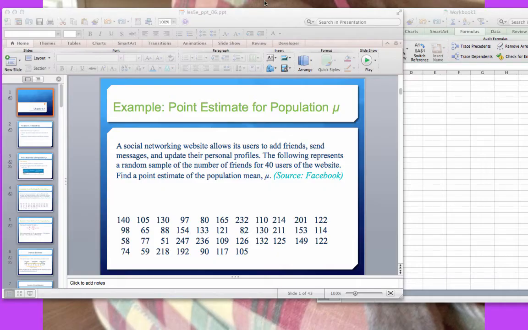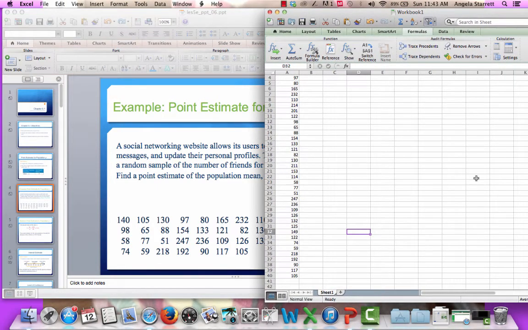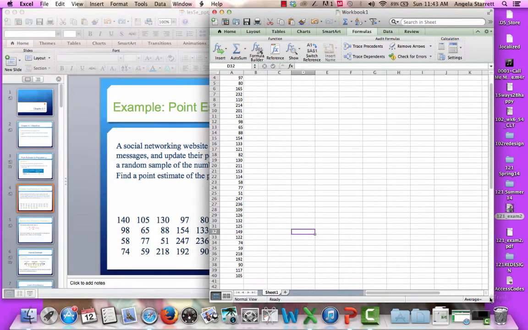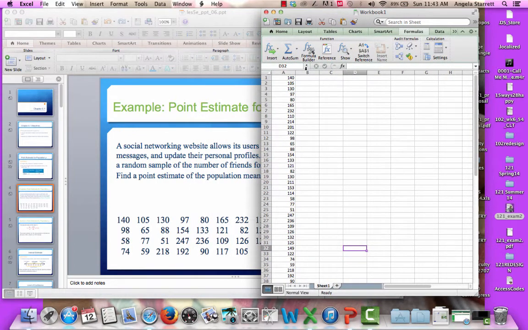So how do we find the average? I've already put the data in Excel over here. Let me bring this a little bit closer. You can see I already have all the data in Excel. How do I find an average? I'll show you the long way here: equals average.